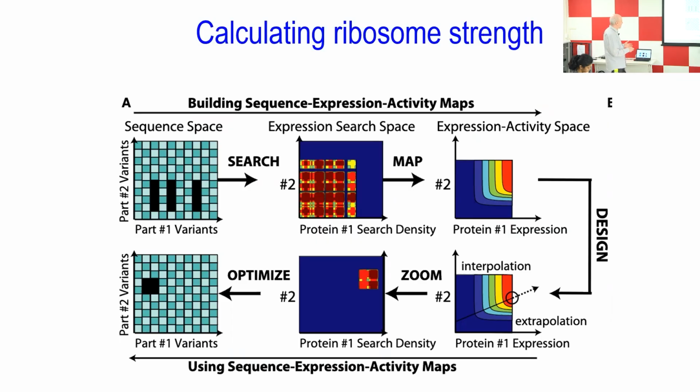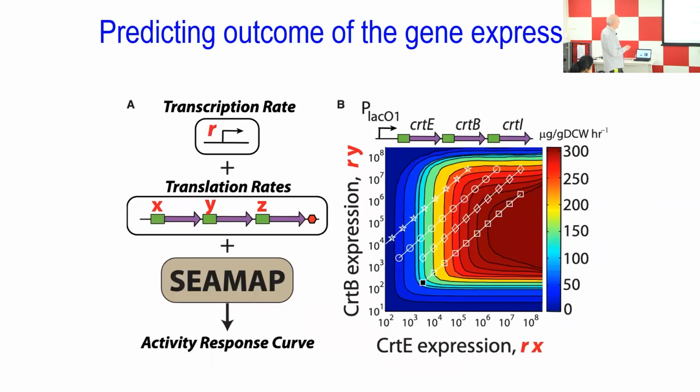If they fit, great. If they don't, you keep on adding more data to the learning platform and so on. And at the end, you have a kind of pipeline through which you can combine both transcription and translation and predict the outcome of the whole gene expression flow, okay?